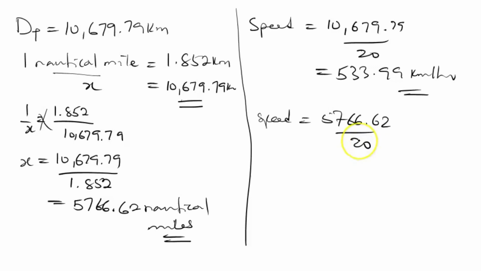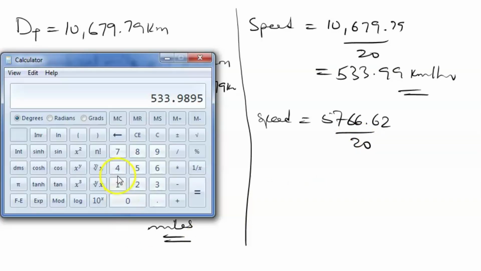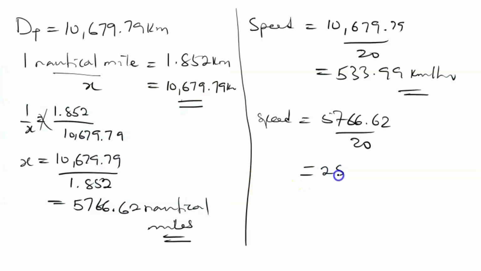So when you do this, you are going to have 288.33 nautical miles per hour. And we know that 1 nautical mile per hour equals 1 knot, so which is approximately 288 knots.